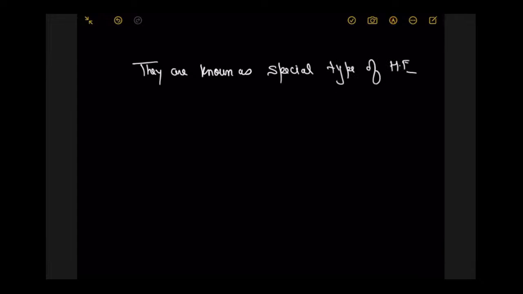So we know that when something evaporates, vapors will be formed. And those vapors are responsible for creating a pressure, and that pressure is known as vapor pressure.